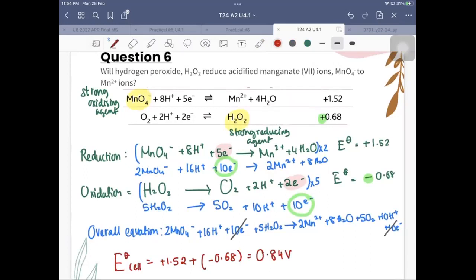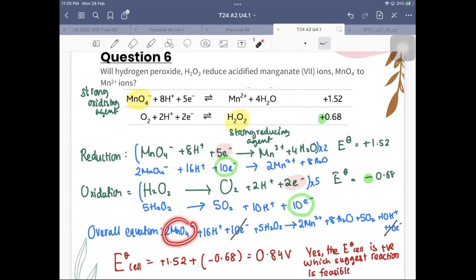So, will hydrogen peroxide reduce manganate? Yes, the E cell is positive, which suggests the reaction is feasible. So that means hydrogen peroxide can reduce manganate ions into Mn2 plus.